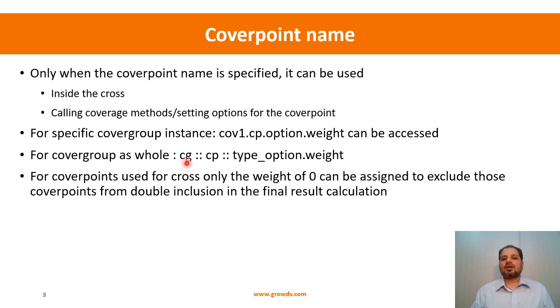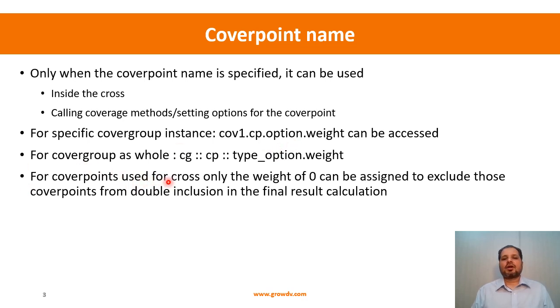But let's say cov1 is of the type cg, and I want to set the weight for this particular cover point for all instances, then I can use the cg scope resolution operator, cp scope resolution operator, type_option.weight. I can do this, and this is the weight that will be used when the aggregated percentage gets calculated.